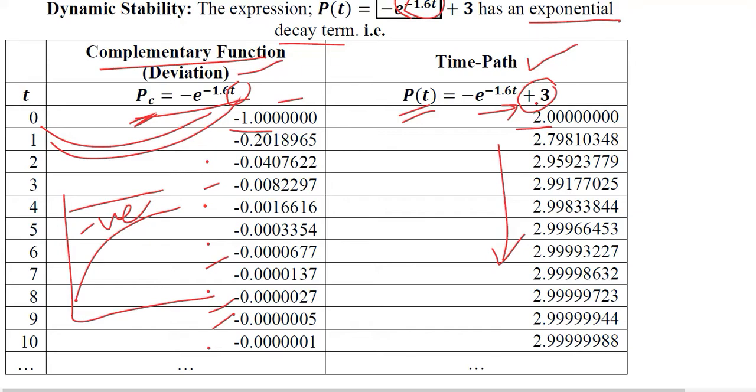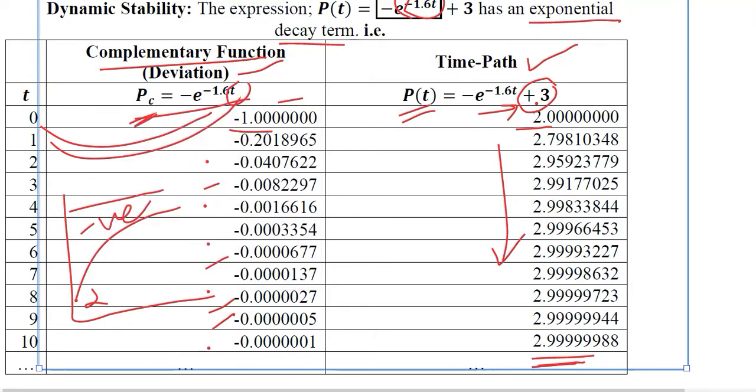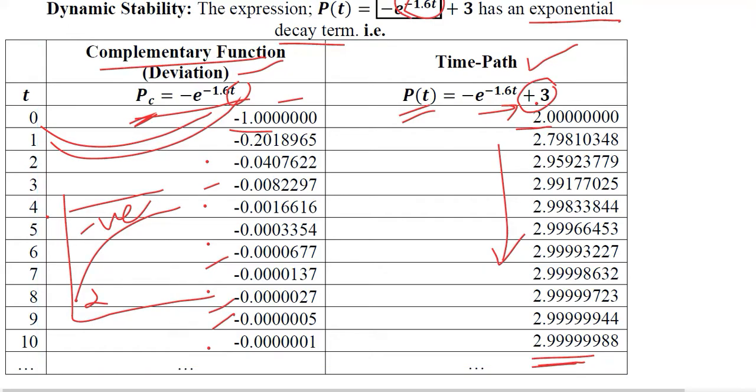So you can see that the value is starting from 2 and approaching close to 3, and here you can see that similar can happen, that we are starting from 2, right, and this is the equilibrium. This is the equilibrium 3, and we are getting close to it. This 2 is approaching close to 3.